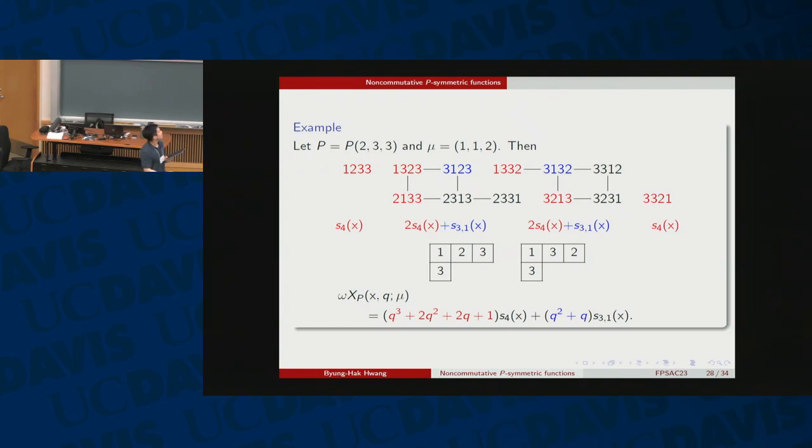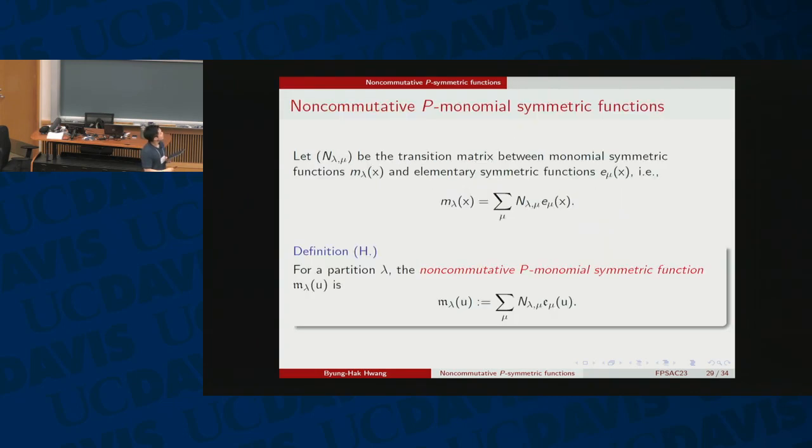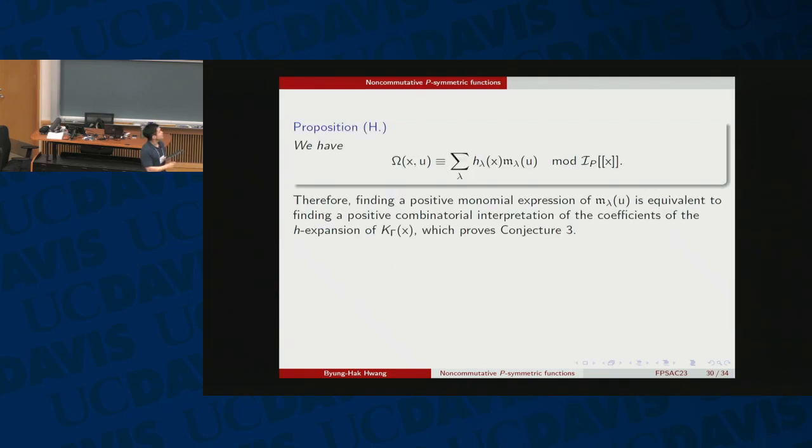And we can define the noncommutative P monomial symmetric function and have this expression. So finding a positive monomial expression of this function is equivalent to finding a positive combinatorial interpretation of the coefficient of the H expansion of K of gamma, which would prove conjecture 3.